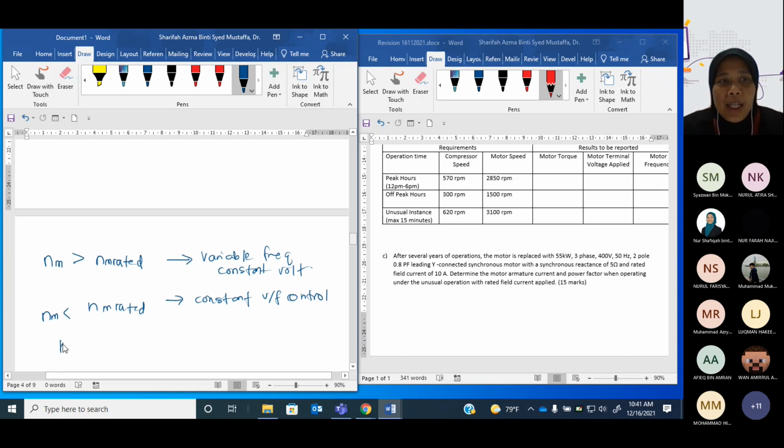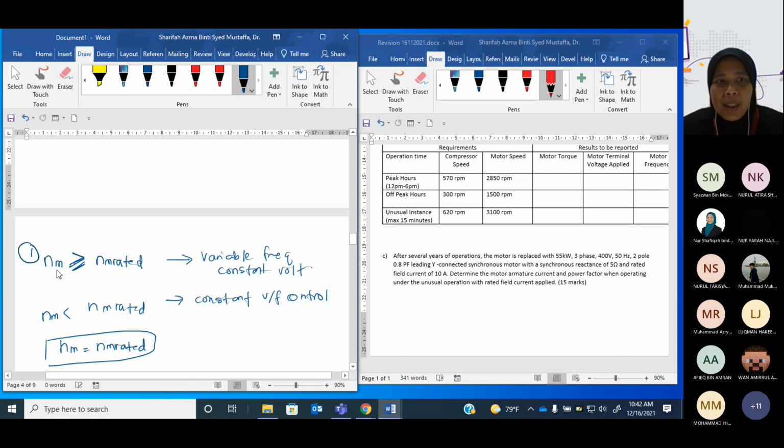Betul. Sekarang kalau Nm tu is equal to Nm rated, you nak pergi mana? Okay, if Nm equal to Nm rated, you akan guna this strategy. Sebab kita akan guna Nm is greater or equal to Nm rated, you will use variable frequency, constant voltage. Faham tak?